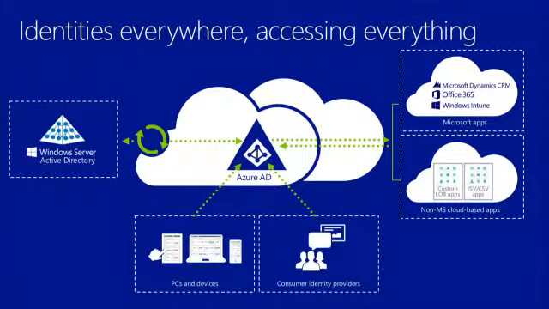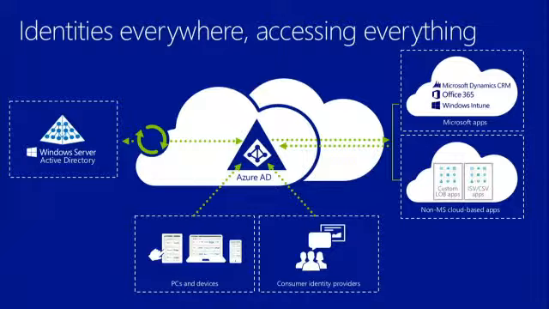So I really think this slide does a great job of showing your overall identity infrastructure, or identity platform. So in the middle we have Azure Active Directory, right, and that's our cloud service. We have it integrating with our Windows Server Active Directory. See the circle arrows?